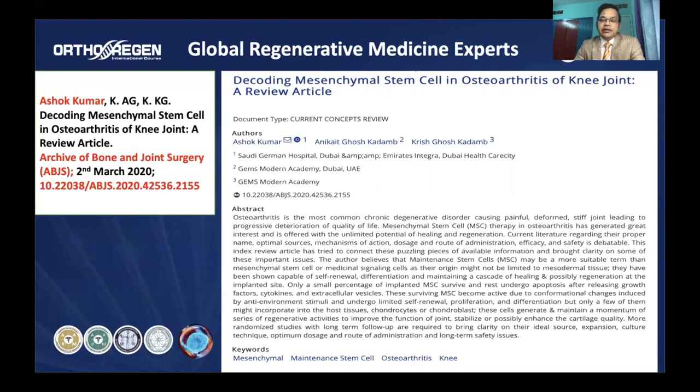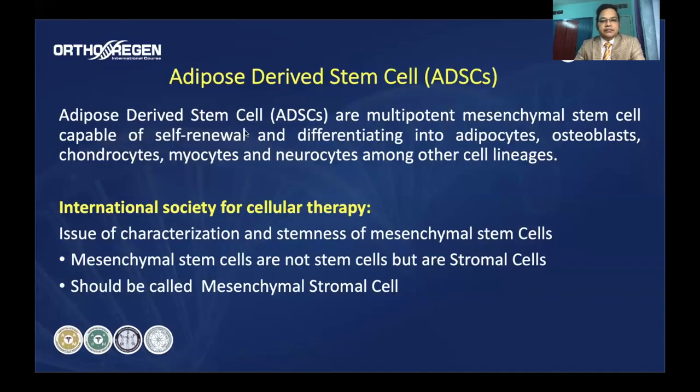Now Caplan revisited his concept, and he agreed with the International Society for Cellular Therapy that they are not stem cells, but he did not agree that they are stromal cells. He proposed another terminology called medicinal signaling cell, because, as we know, these cells are believed to act through different signals, releasing growth factors.